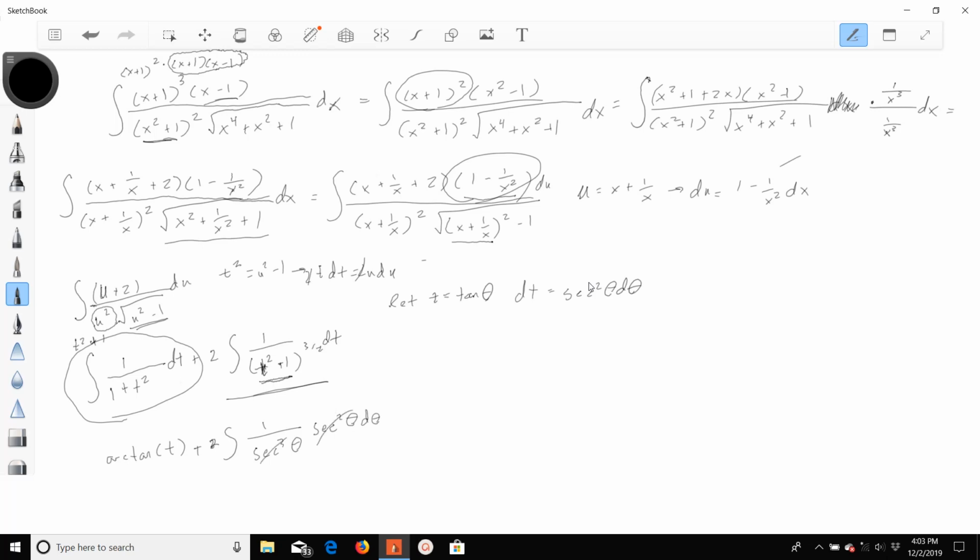So that cancels, leaving just a secant theta on the bottom, which leaves us with just 2 times the integral of cosine theta here, which is a sine theta. So we get arctan t plus 2 sine theta plus c.